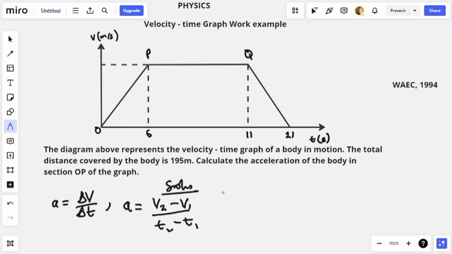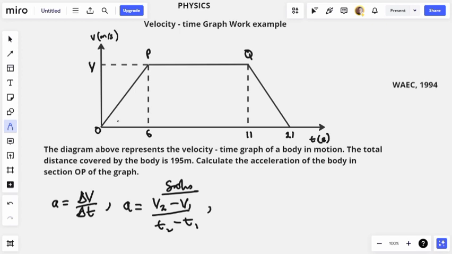However, we have a challenge here. We don't know our V2. Our V1 is 0. Our V2, or we call it V here, we don't know what V is. And if we don't know V, we cannot calculate that acceleration.